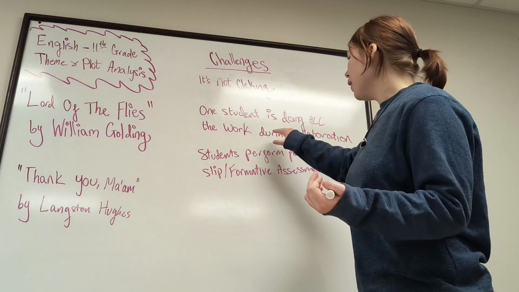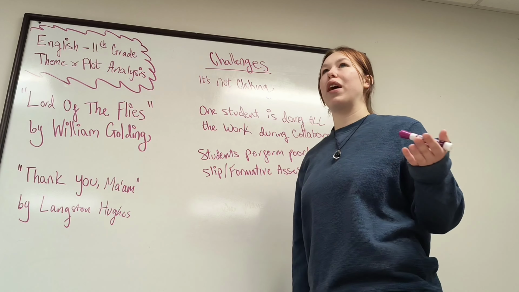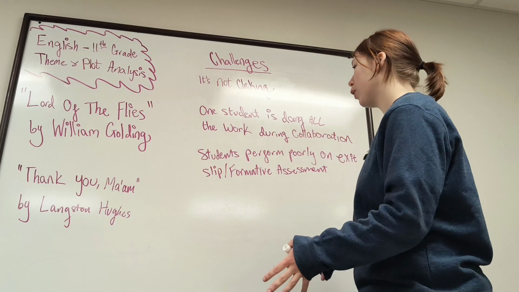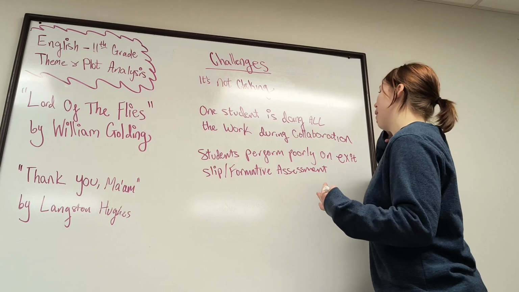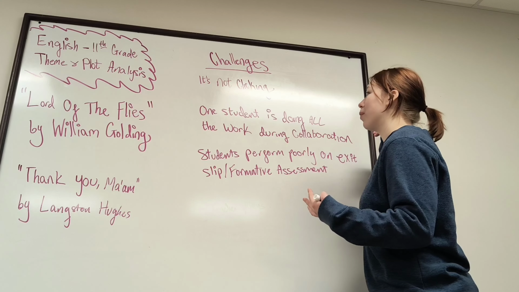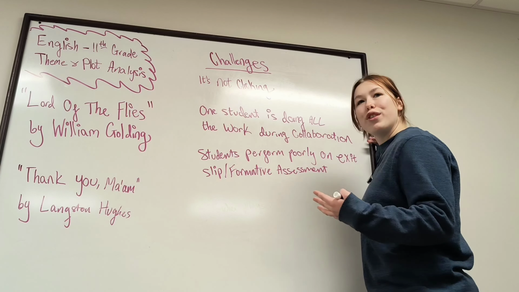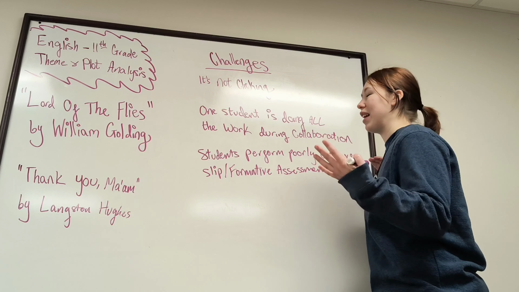And I'm hoping to minimize this by having different roles that students are allowed to select within their groups as a differentiated tactic. But as a teacher, I want to keep my eyes open for this, just because when one student does all the work, the other students aren't gaining the knowledge that they need.